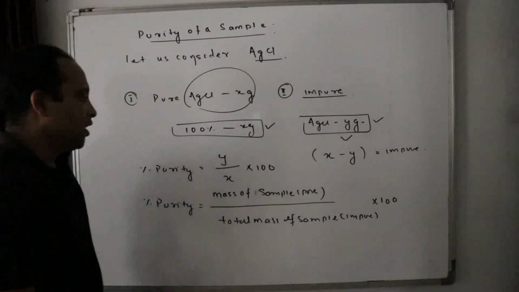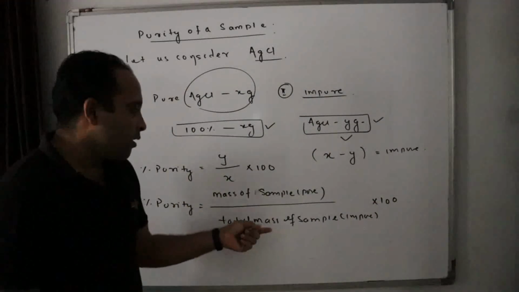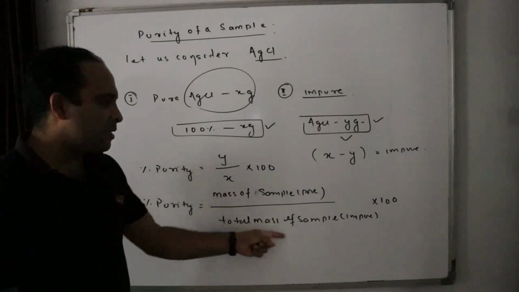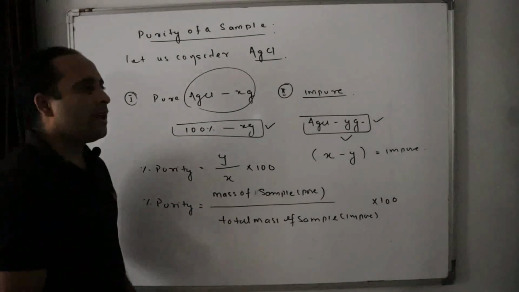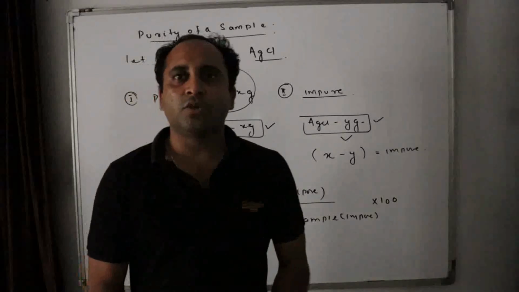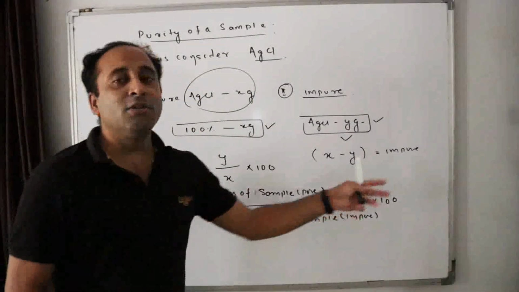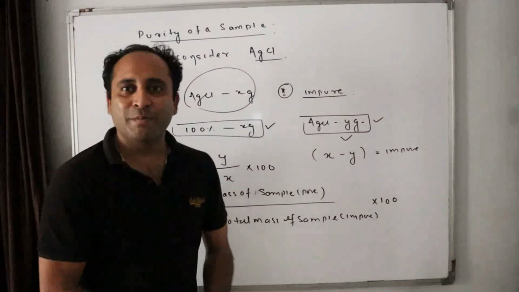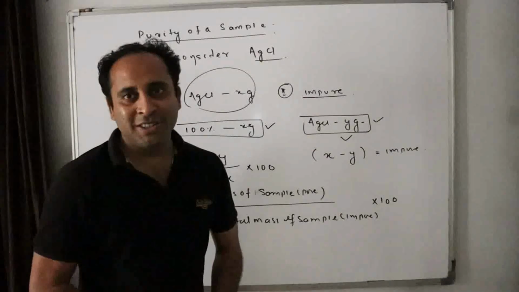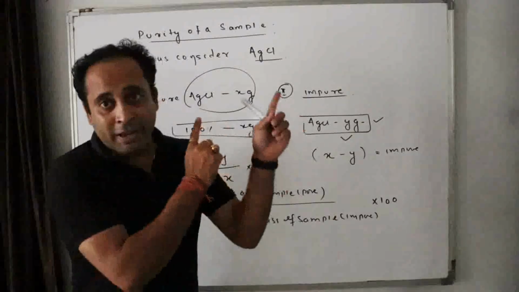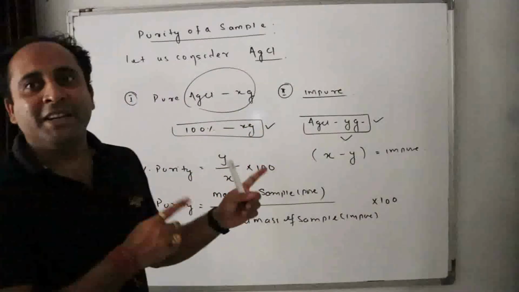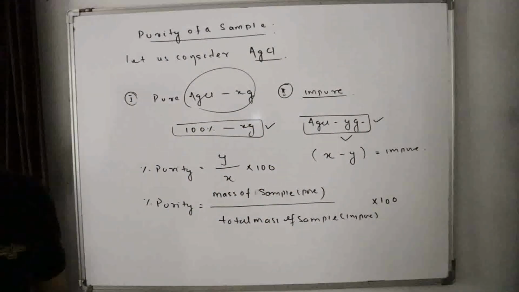For example, if 100 gram of a substance is present, of which 20 gram is pure, then 20 by 100 into 100, 20% is the percentage purity. Understood? To help you understand this concept better, I'll give you a question. Let me solve this question.